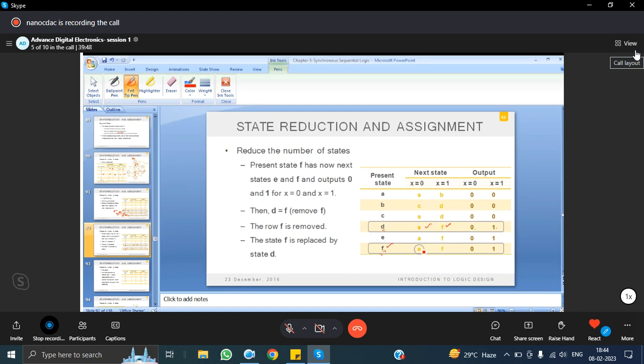Similarly, F has the next states E and F, so the outputs are 0 and 1. Here the next states and outputs are the same for D and F. So I can replace. Now what should I do? What should I do?